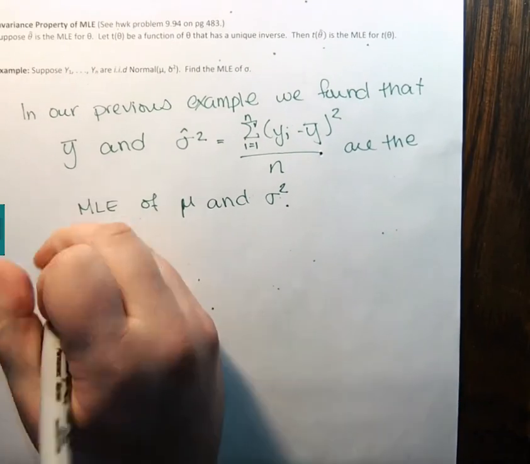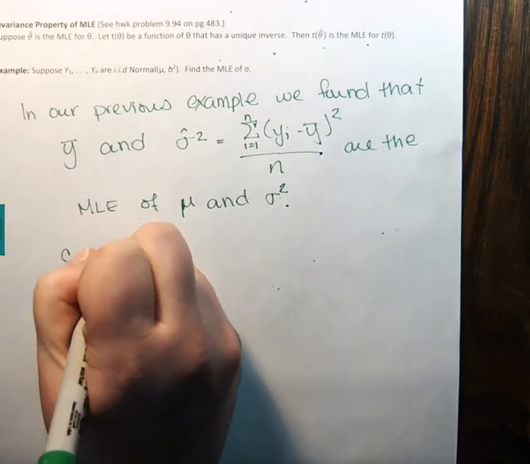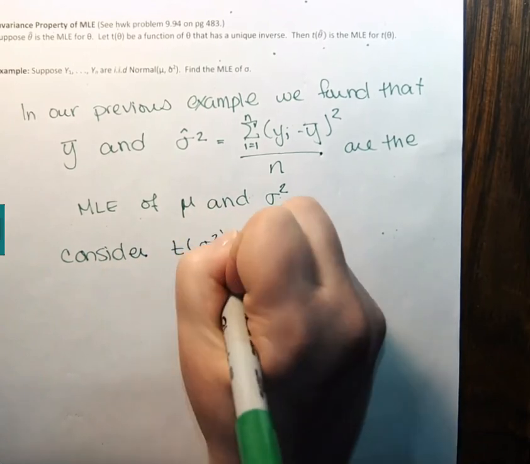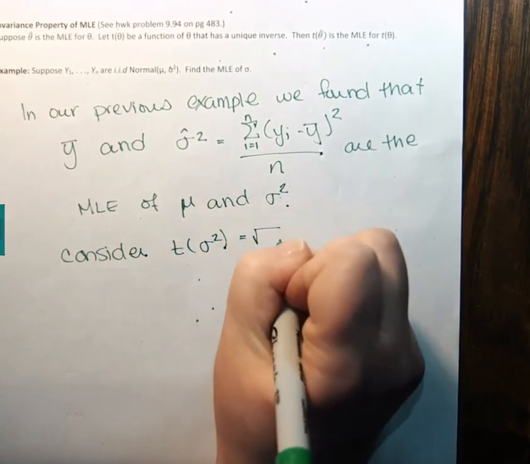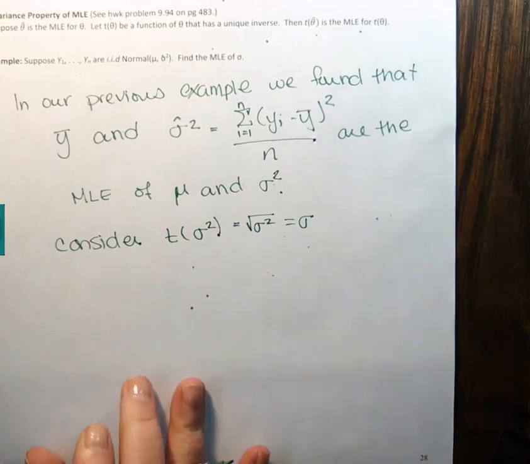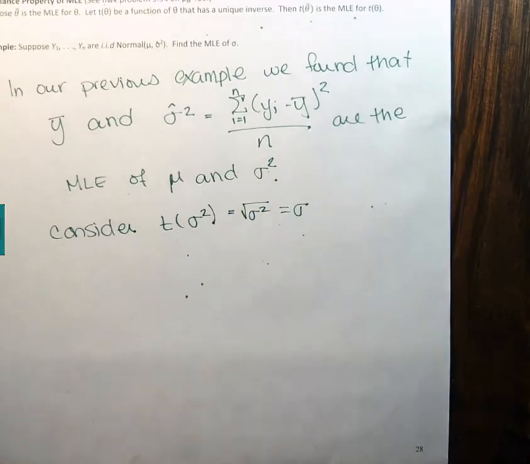So let's consider the function t of sigma squared, which is just equal to the square root of sigma squared, which is equal to sigma. Well, notice this function has a unique inverse.